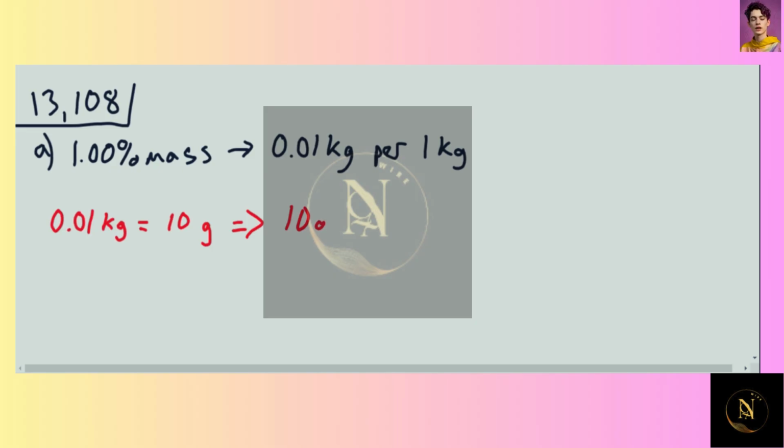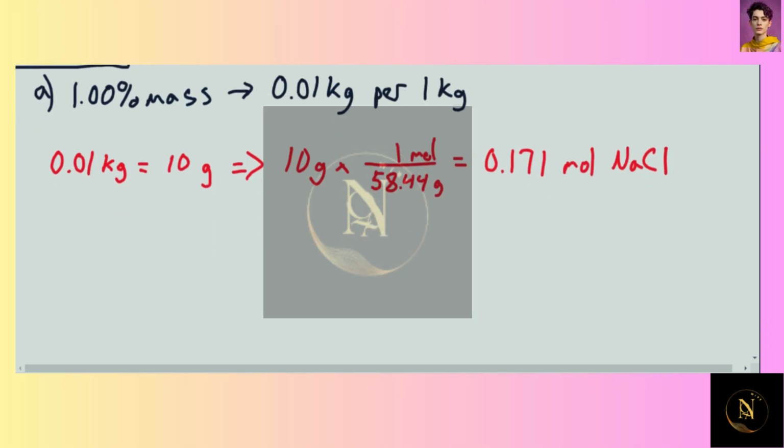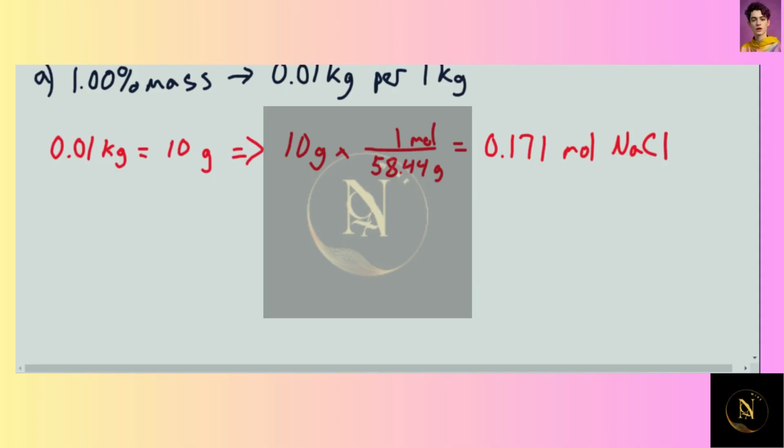And 10 grams we can divide by the molar mass of sodium chloride, which is 58.44 grams per mole, to get 0.171 moles of sodium chloride. So from that, we can calculate molality. We took our solvent to be 1 kilogram, though, so the molality will equal moles.